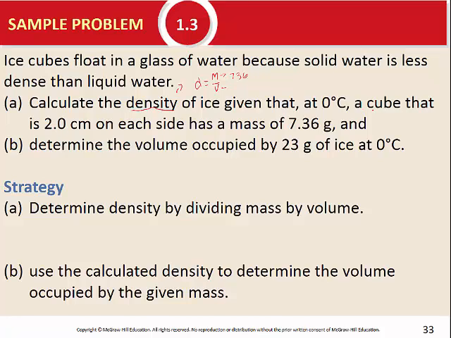By definition, a cube is the same on all sides, so length, width, and height are each 2 centimeters. So the volume of this cube would be 2 centimeters for our length times 2 centimeters times 2 centimeters, length times width times height.